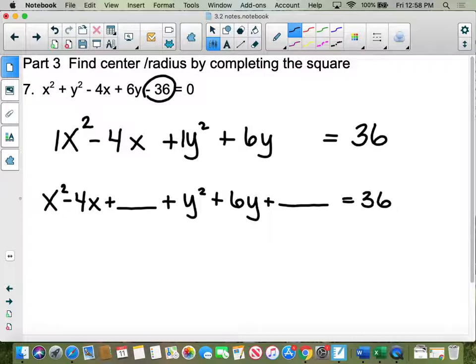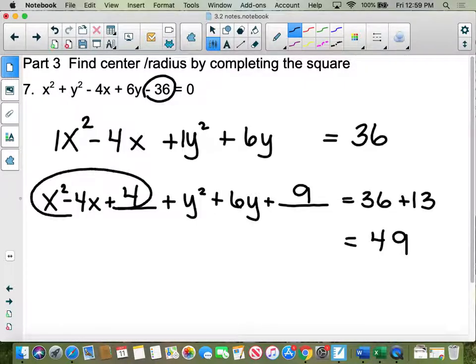It's always positive, because whenever you square anything in math, it's positive. Half of 6 is 3. Squared it is 9. Whatever you do to one side, you have to do to the other side. I added 13 to this side, so that's what I have to add to that side. What do I have on that side? A beautiful 49. Isn't that nice to end with r squared being 49?